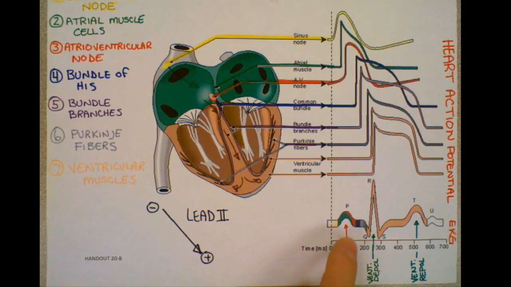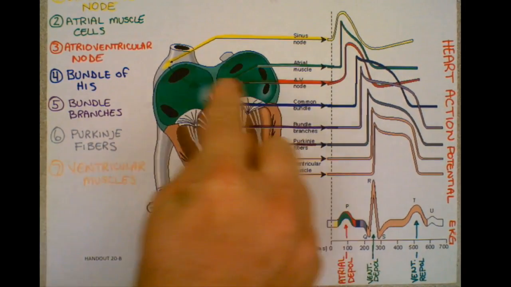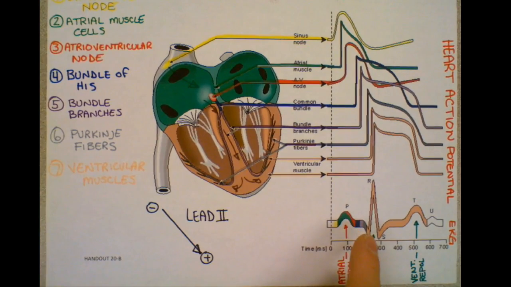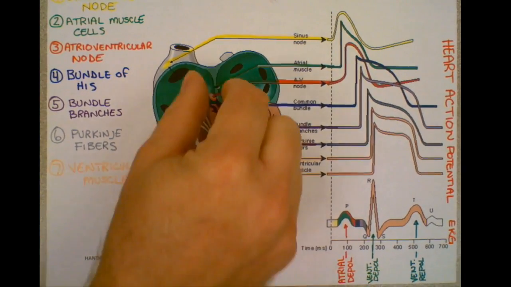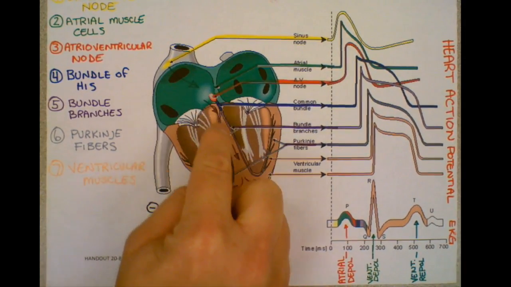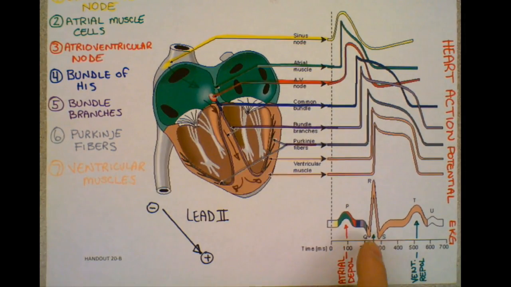So you can see that the P wave is where the atria depolarize, and then the red, blue, gray, and brown are where the action potentials move from the AV node down the bundle of His through the bundle branches to the Purkinje fibers. And then the QRS complex is where the ventricles depolarize.